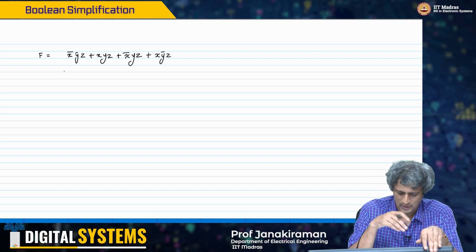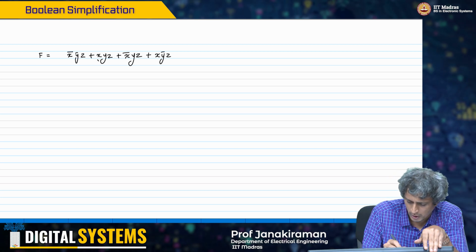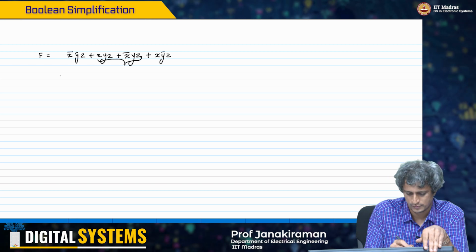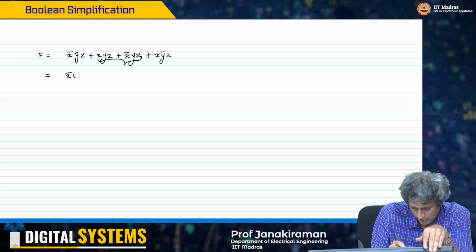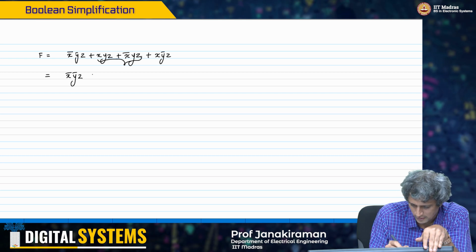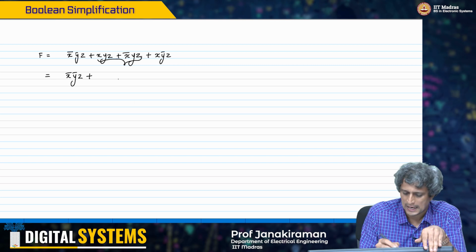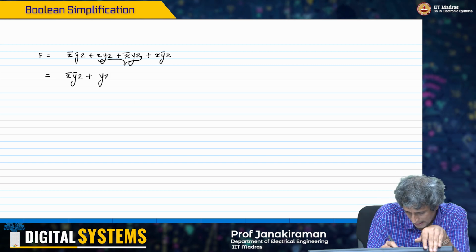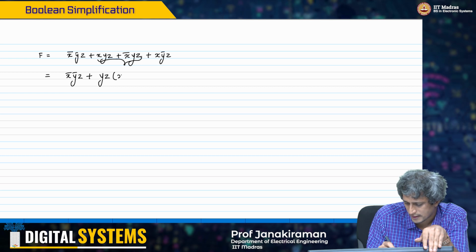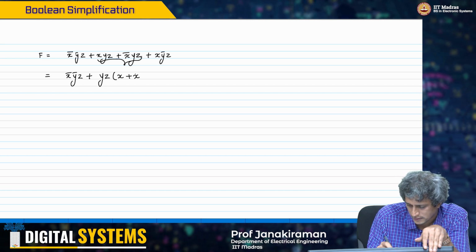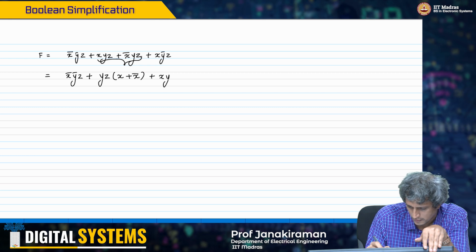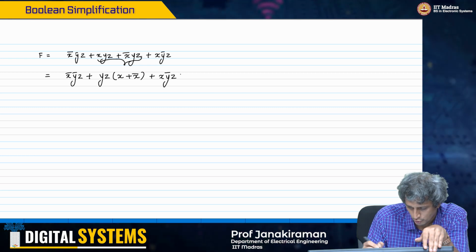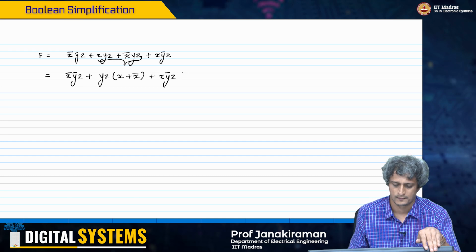So let me arbitrarily start off with this, okay. I have x bar y bar z plus x y z. I am going to take y and z out and write this as y z times x or x bar, plus x y bar z, right.